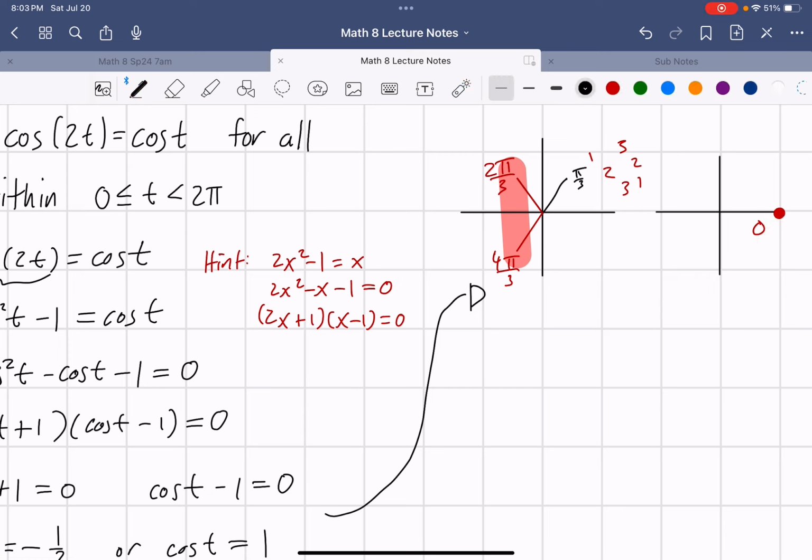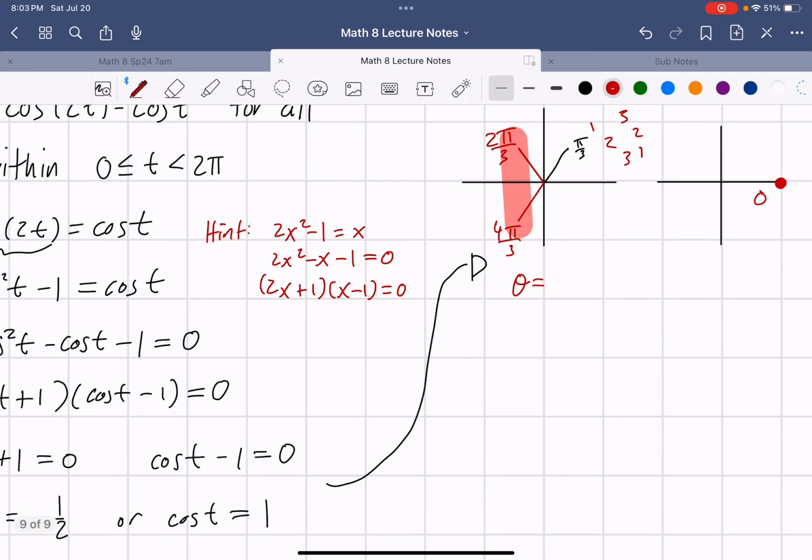Now, these are not general solutions. These are solutions just within that interval: 2 pi over 3, 4 pi over 3, and 0. And in some cases, some teachers prefer you using set notation to illustrate your solution set.